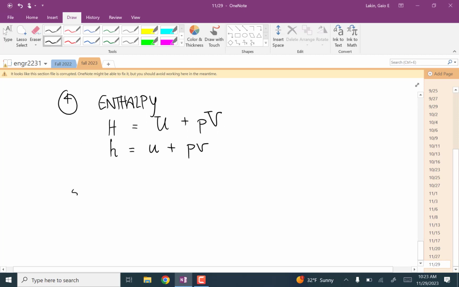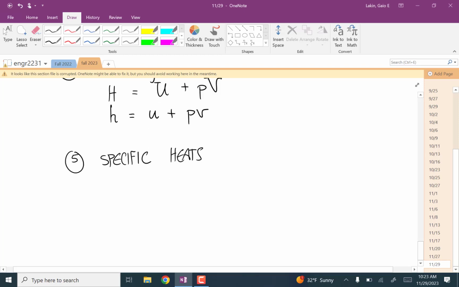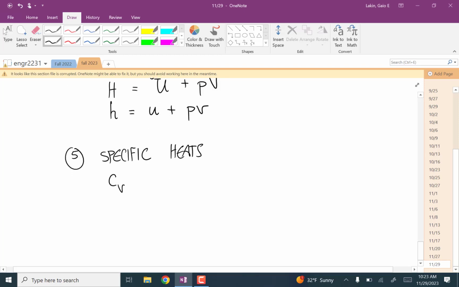Then specific heats. It's worth keeping in the back of your mind that the specific heats have this complicated partial derivative meaning, but remember, we don't use those at all in our calculations. So C sub V, the volume specific heat, is the partial derivative of U with respect to temperature, holding the volume constant.